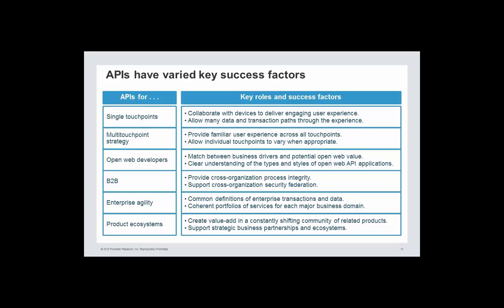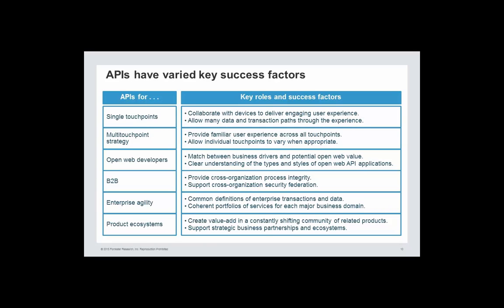If you're trying to reach open web developers, then it's all about the business model and the motivations. Why would they use your API? Do they get paid to use your API, or do they pay you? What are the models, the applications, the scenarios? With B2B, you may have much deeper needs for cross-organization process integrity, security federation, and more complex requirements that you could not meet in an open web scenario.